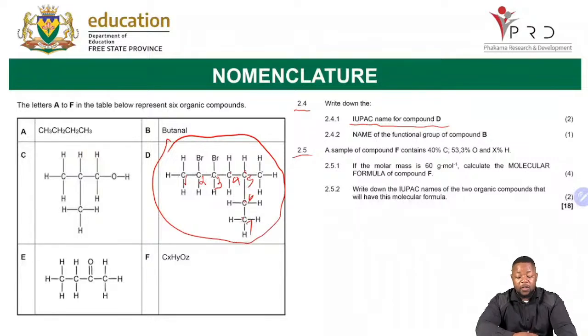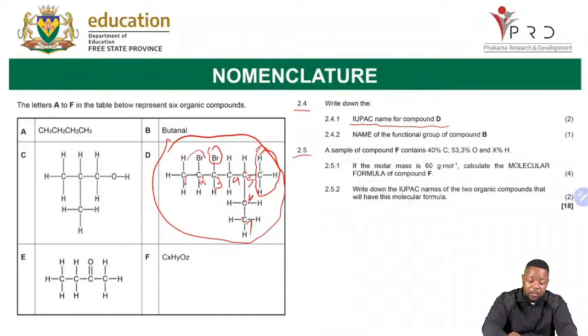So in the longest chain, there are 7 carbons, but this carbon here does not fall into the longest chain. And in these 2 positions here, and the 2 positions there, we have the halogens.